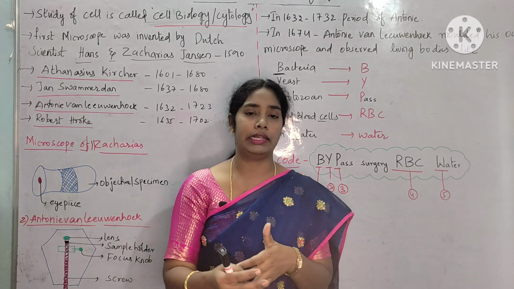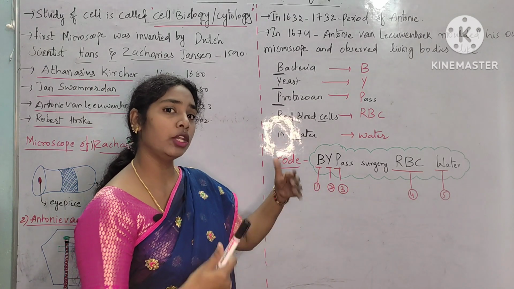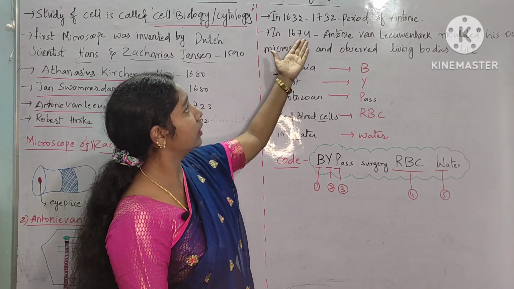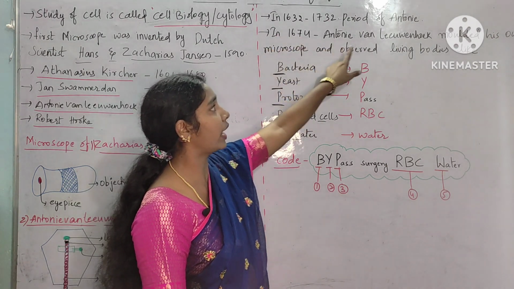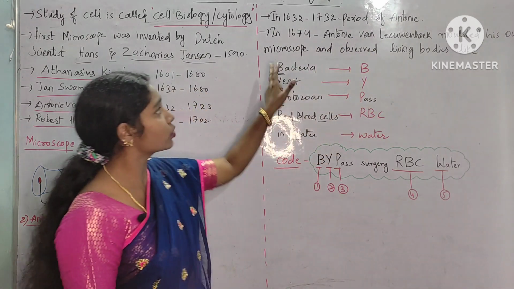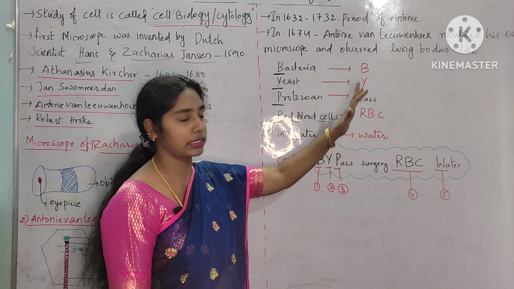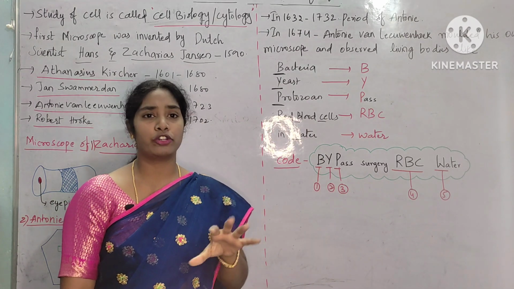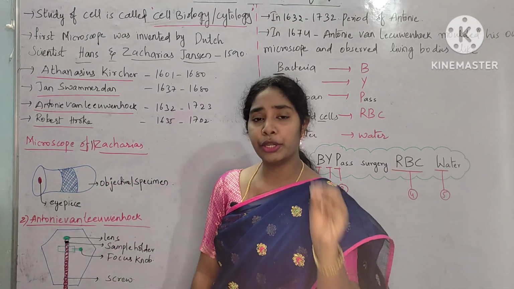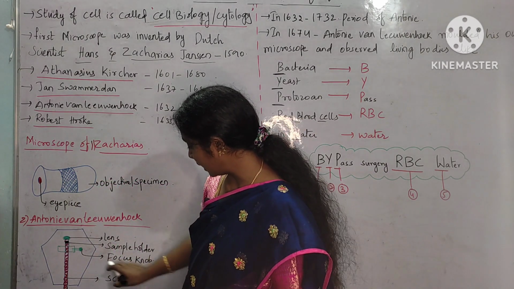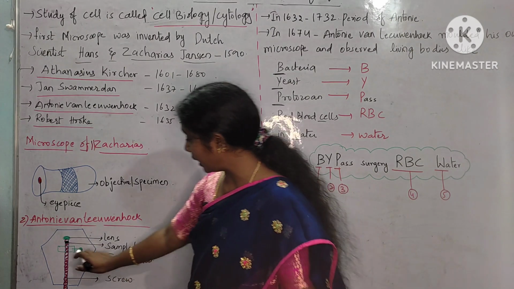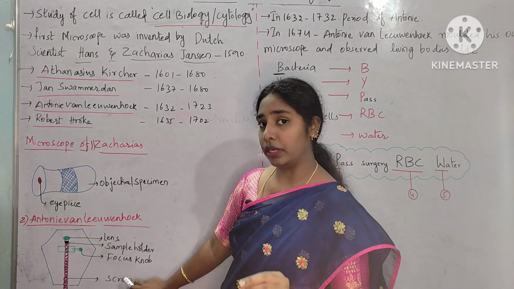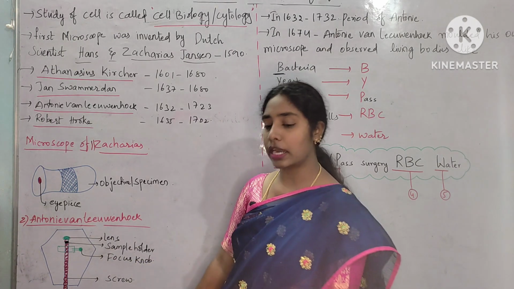In the year 1674, Antonie van Leeuwenhoek molded his own microscope and observed living organisms under a drop of water. He took a drop of water and placed it here, at this spot where we hold the sample or specimen, and then he started observing cells.